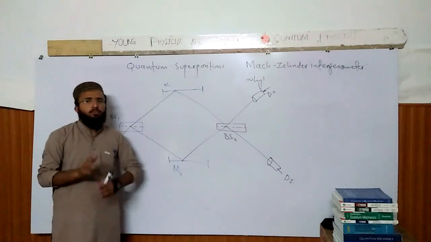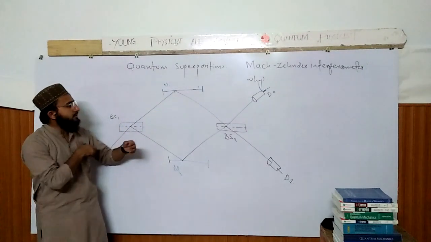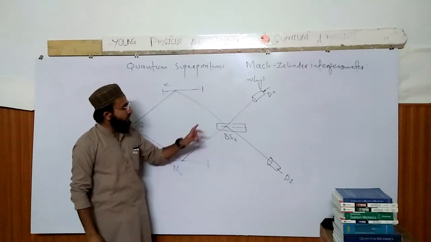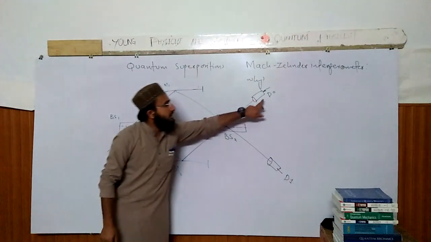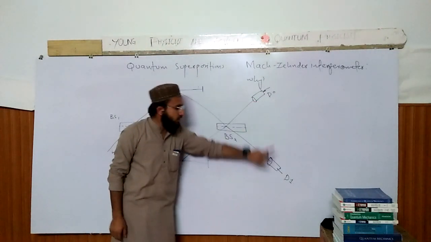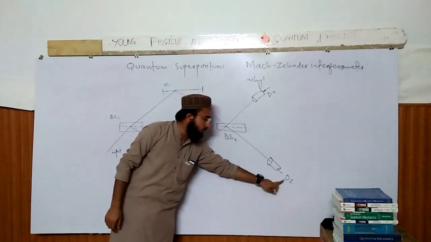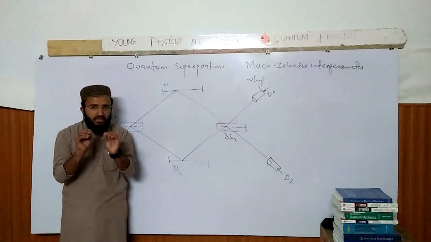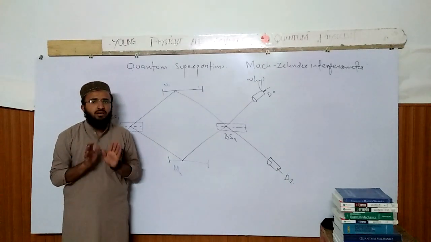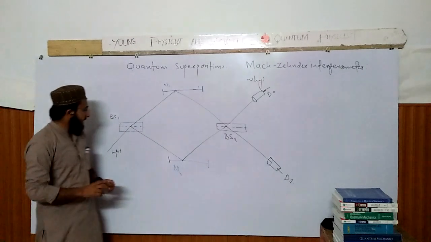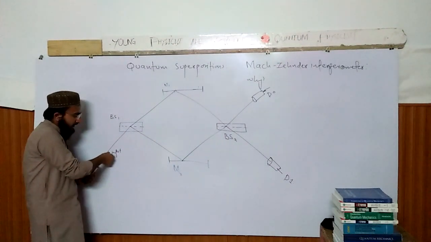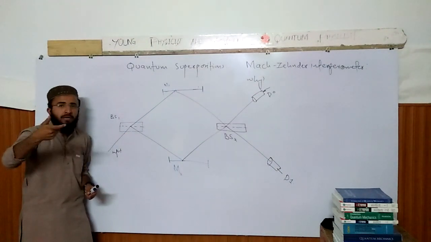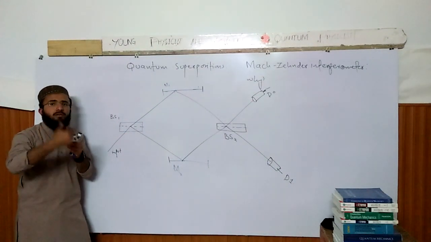Now, the very important point is that we have to clarify the concept of the interference pattern, which is going to be detected with the help of detectors D0 and D1. If you think in terms of photons, it will be very simple to understand. Here we have the incoming beam, meaning the input beam. Think of the input beam as a sequence of photons.